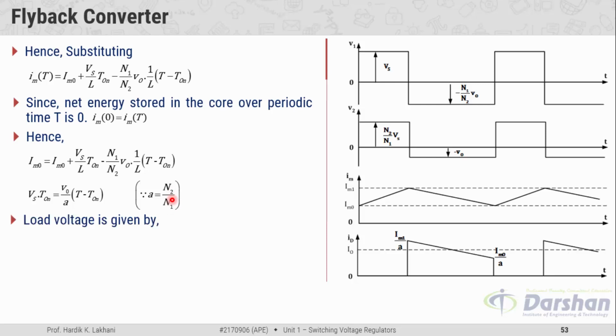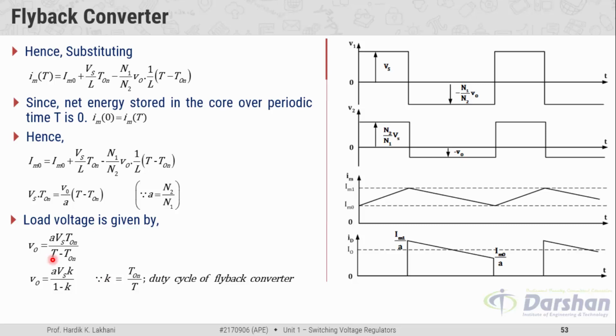So the load voltage can be given as V output in terms of the supply voltage as A into Vs into T on divided by T minus T on. When we divide the numerator and denominator by T, we get A as it is, Vs as it is, and T on divided by T can be written as the duty cycle for the flyback converter.